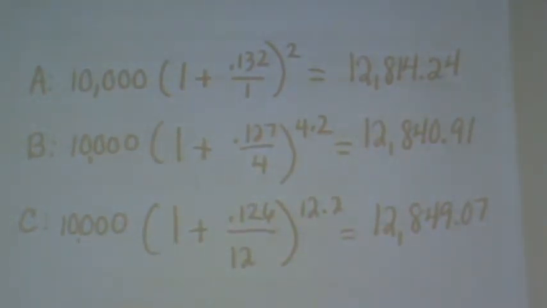Check out my 3 answers. Did you guys get the same? Yes. So which one gives you the most money? 12.6% compounded monthly. Yep. Good job.